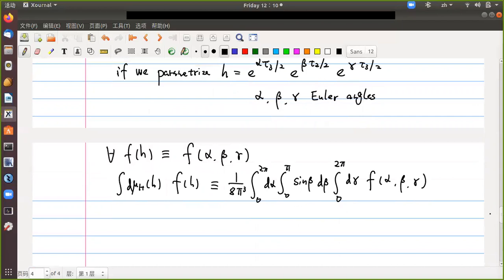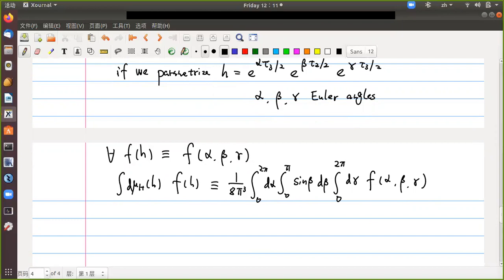The range of integration is also the domain of definition for alpha, beta, and gamma. Alpha is from 0 to 2 pi, beta is from 0 to pi, and gamma is from 0 to 2 pi.